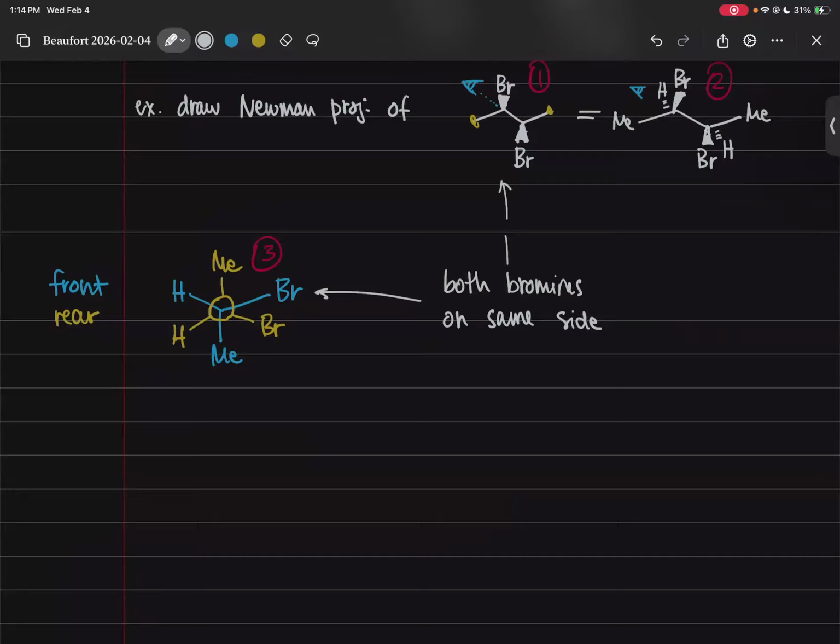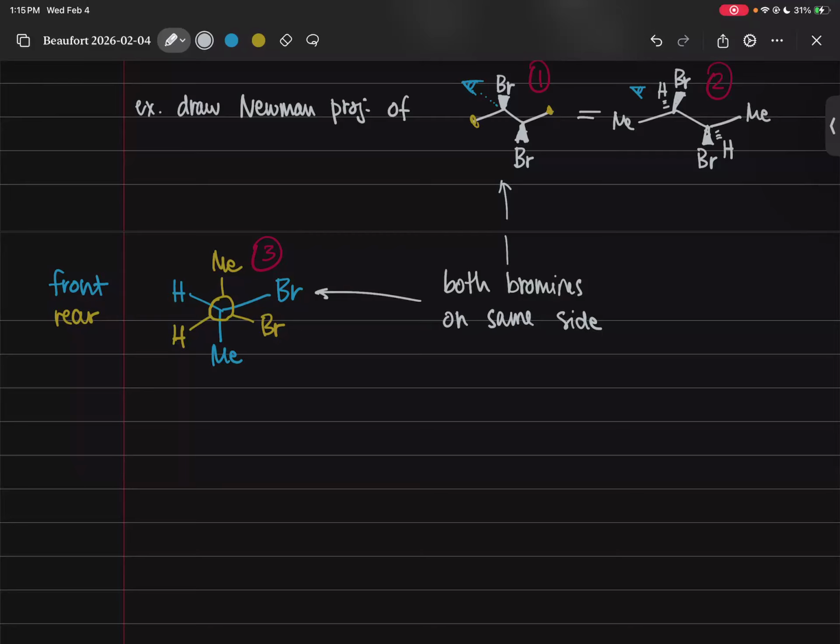So, speaking of that, we looked at the Newman projection just like this, right? But who says that the molecule isn't rotated like this? Or like this?